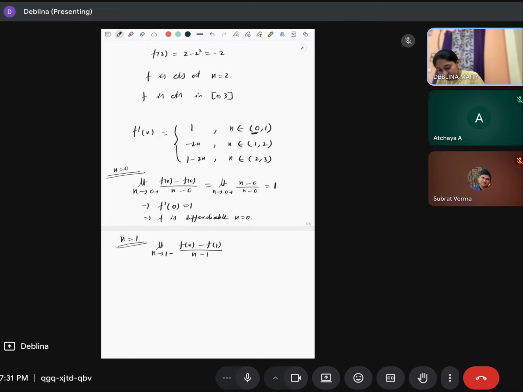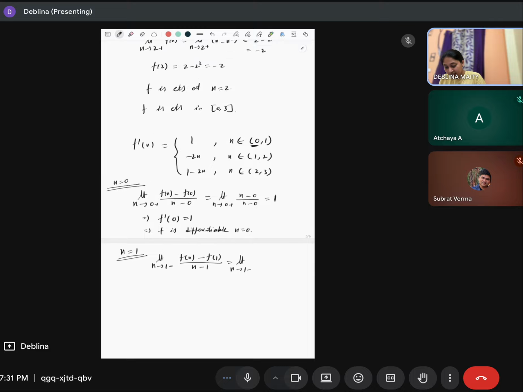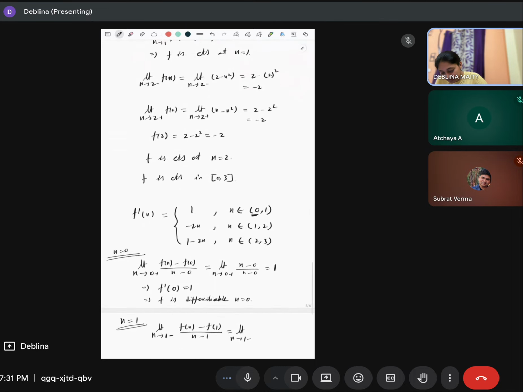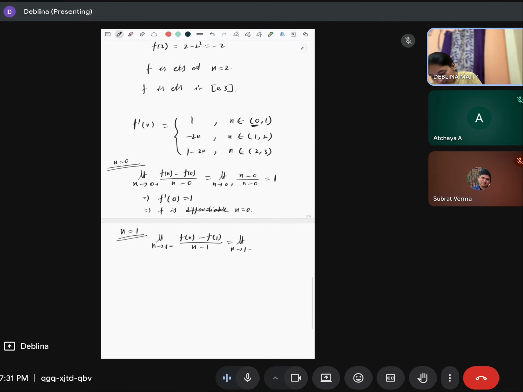So we are approaching 1 from the left. So we'll take this value because it is less than 1. So f(x) is x, and at x equals 1 it is 1, by x minus 1. So it is 1.